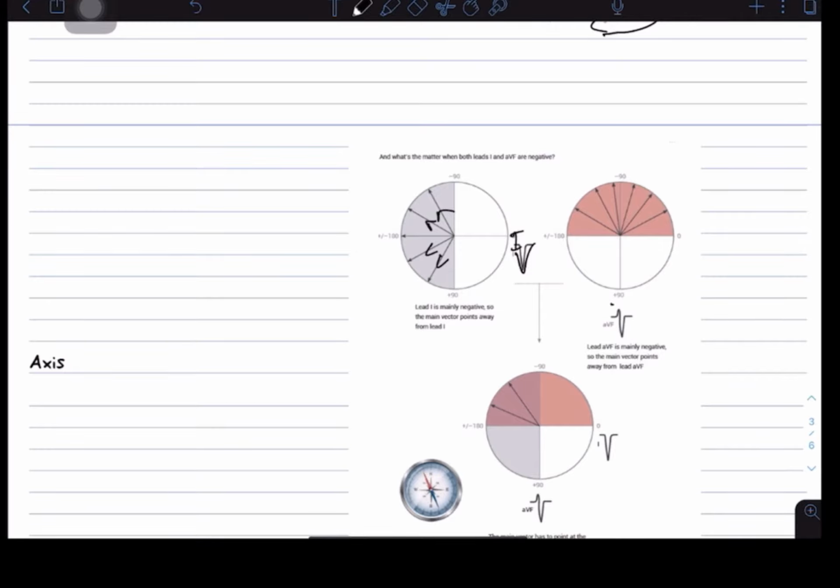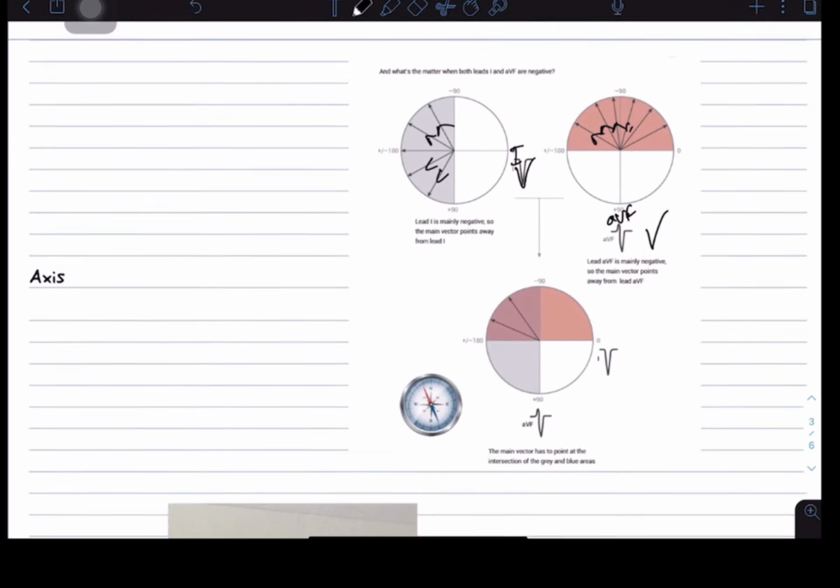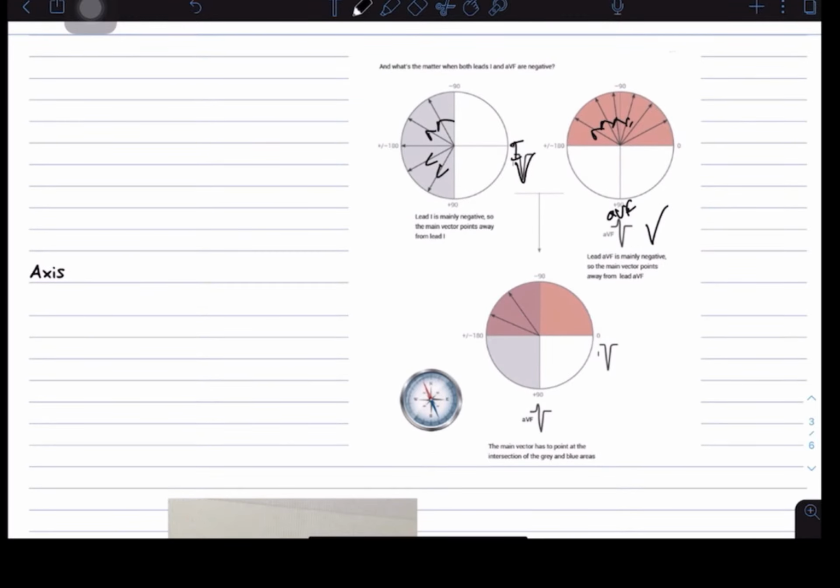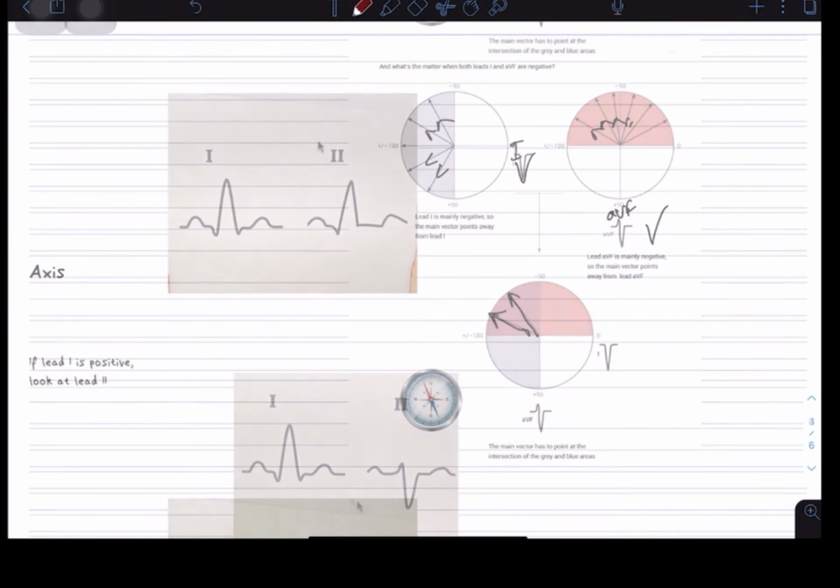In this presentation we can see the vector is going away from the lead AVF, and if the vector is going away from the lead it's going to be a negative deflection. So if we combine the vector of lead 1 and AVF, we get a vector in this direction, and in this direction we call it extreme axis deviation or intermediate axis.